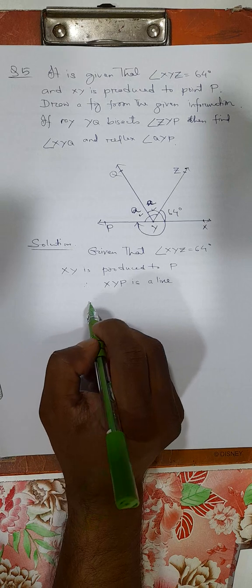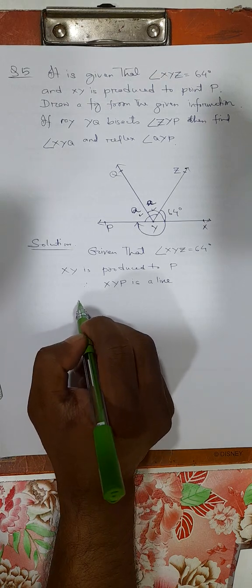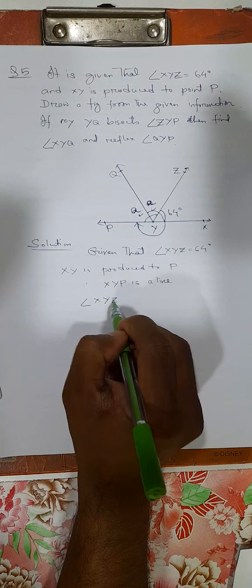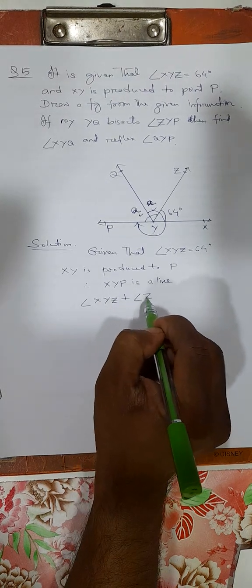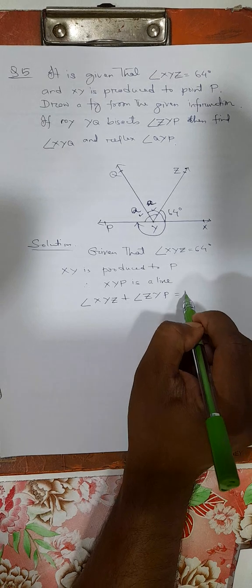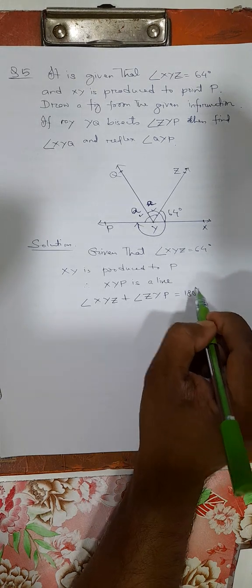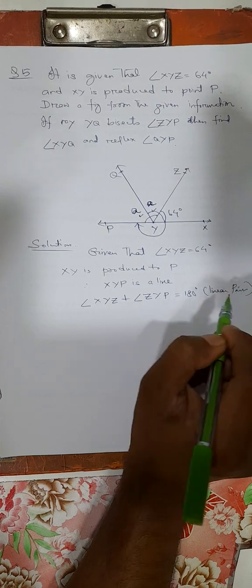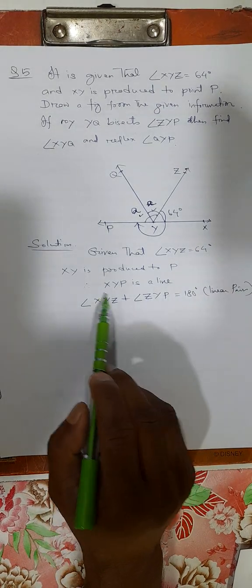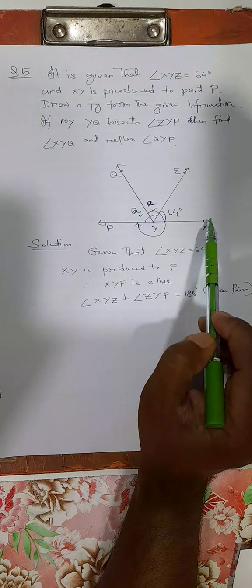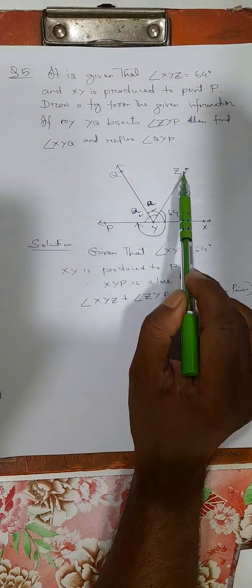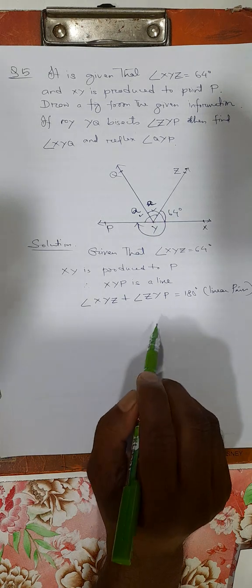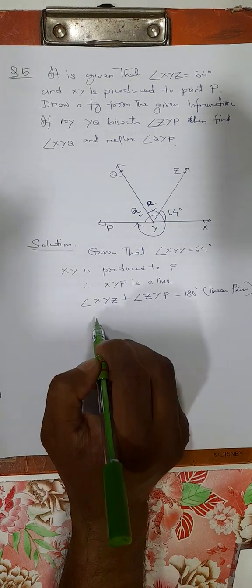Since it is a line, we will write angle XYZ plus angle ZYP is 180 degrees, linear pair, right? Since XYP is a line, angle XYZ plus ZYP, sum of them is 180 degrees. They are supplementary, a linear pair.